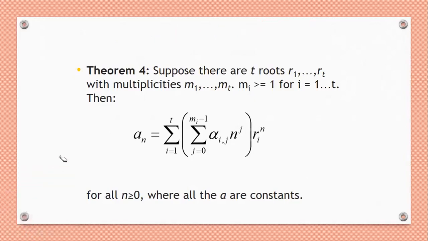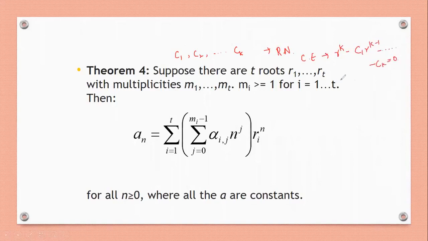Suppose C1, C2 and Ck are real numbers, that is our constants, and the characteristic equation is r power k minus C1 r power k minus 1 minus and so on up to Ck is equal to 0.